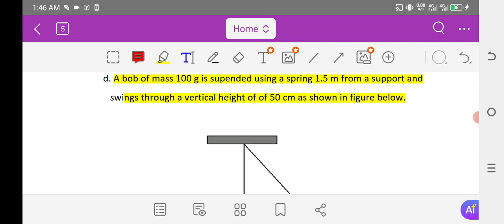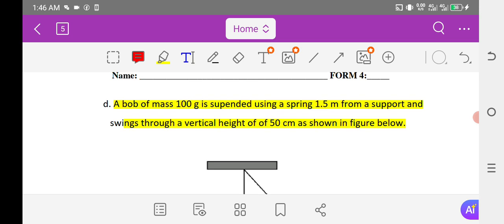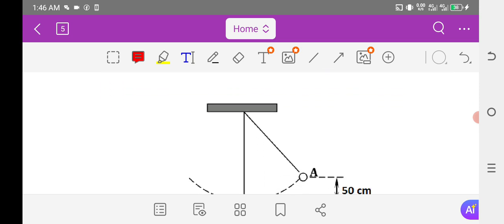Now this is not supposed to be a spring, it's supposed to be a string.